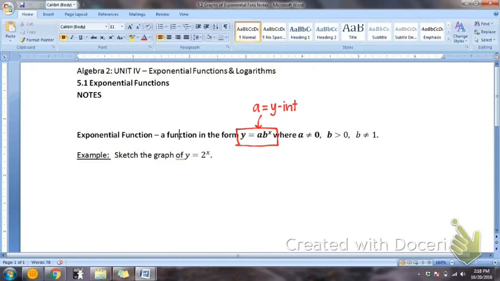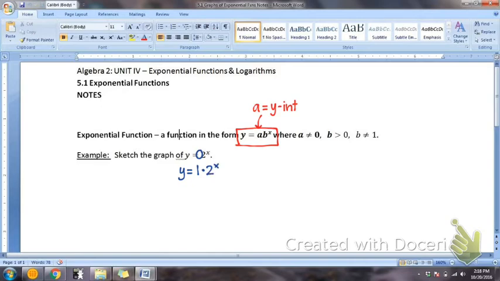But if you look at example 1 here, it says, sketch the graph of y equals 2 to the x. Is there an a value here? Do we see an a value? When we don't see an a value, what number could we put there that's not going to change the problem? 1. Excellent. We are going to put a 1 there. We could really write this as y equals 1 times 2 to the x.